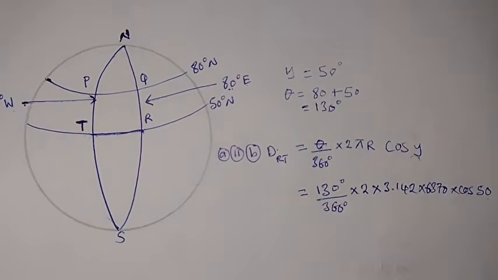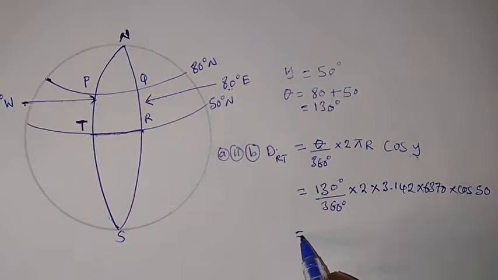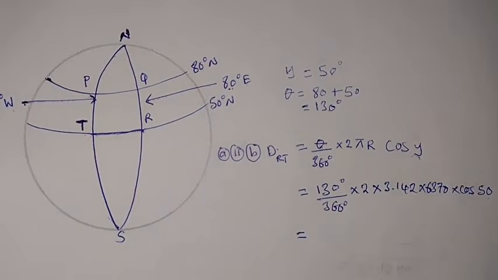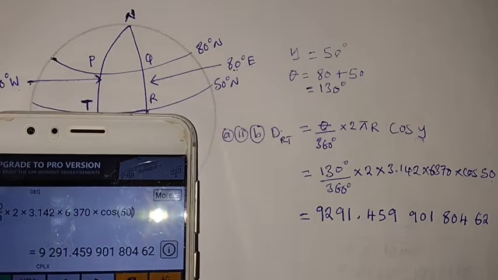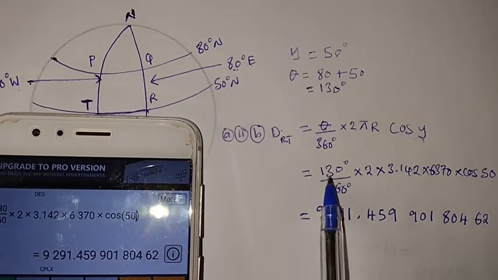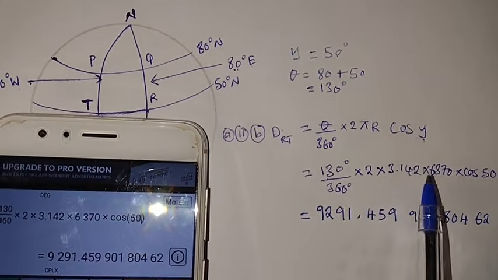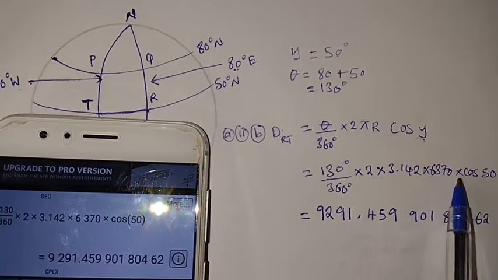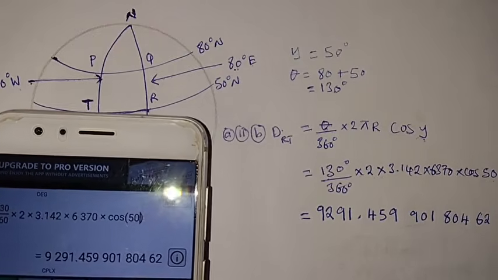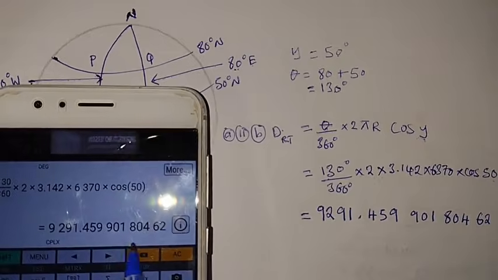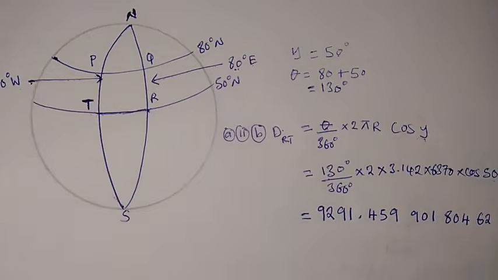From here there's no need to panic, just punch on your calculator. Once we punch on the calculator, 130 divided by 360 times 2 times 3.142 times 370 times cos 50, this is the value that you get, which I've written right here. Make sure that you are also punching through the calculator so that we get the same values.